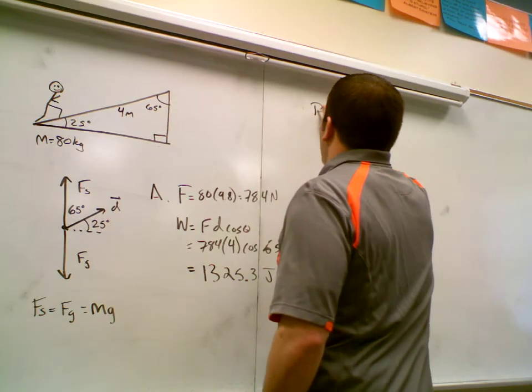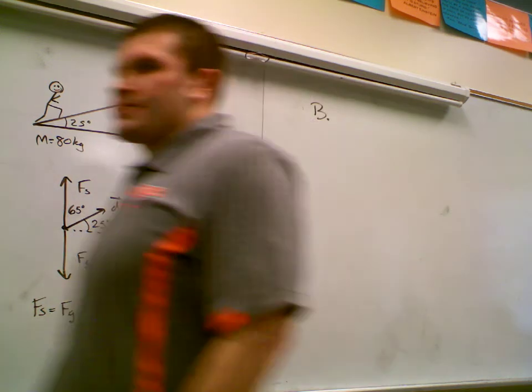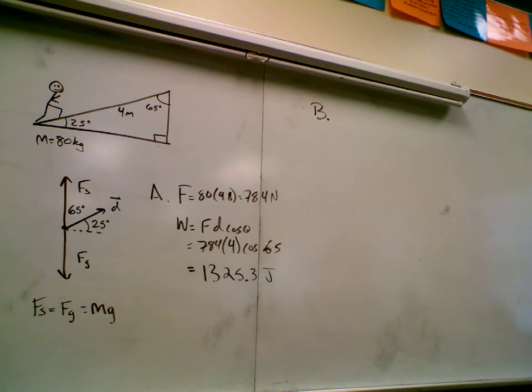Now, part B, there are 3 ways to do part B. One way is by comparing the force of the student and the force of gravity. They're equal in magnitude, but opposite in direction, right?